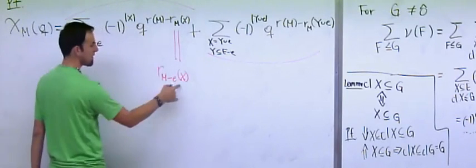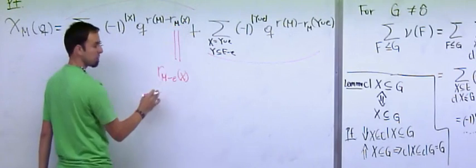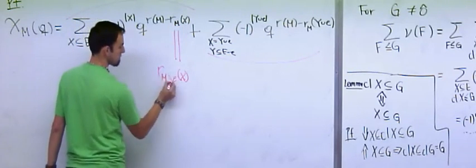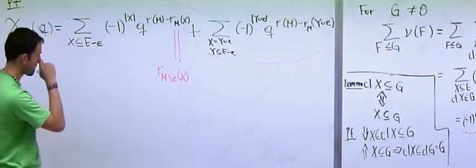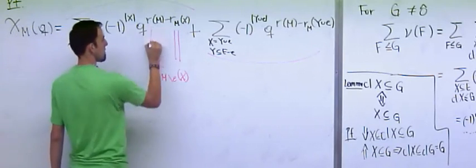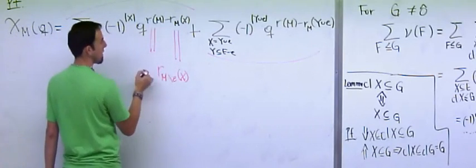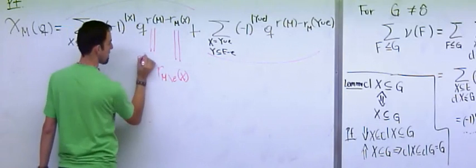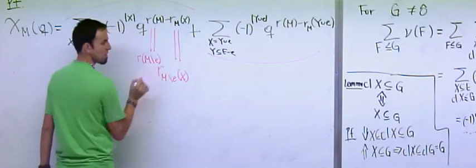The rank in a deletion of a set is just the rank in the matroid. The rank of the matroid is equal to the rank of the deletion.